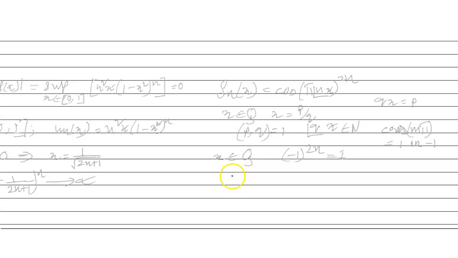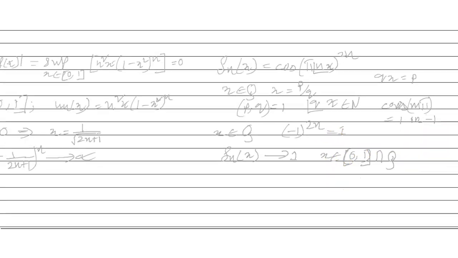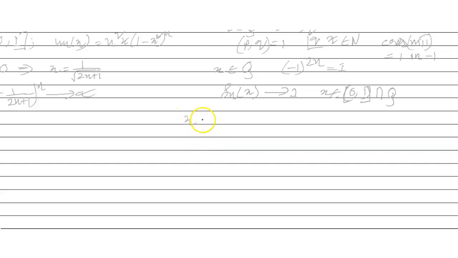x belongs to Q, so fn(x) tends to 1 when x belongs to [0, 1] intersection Q. Another case is when x belongs to Q complement, then x does not equal p by q.